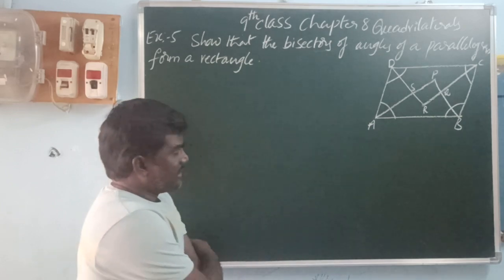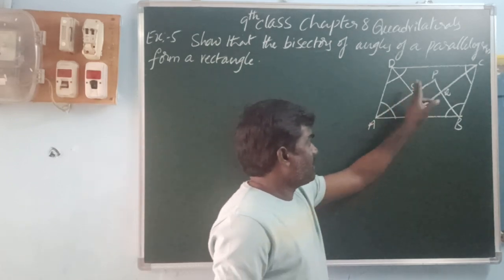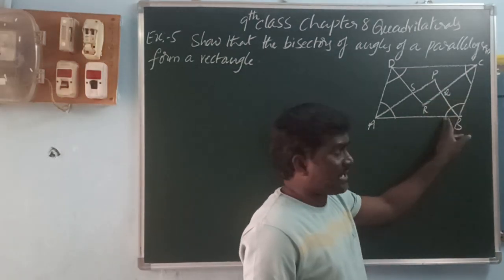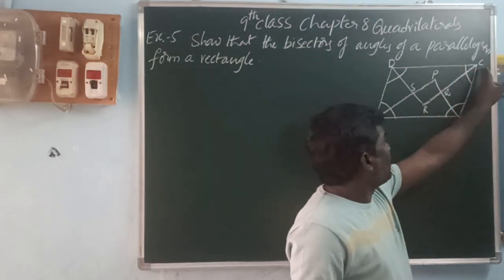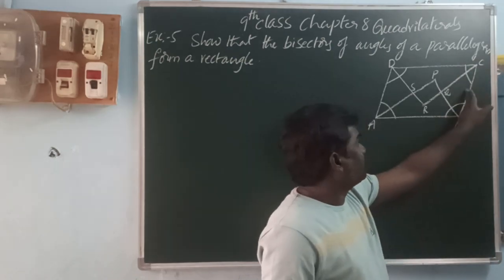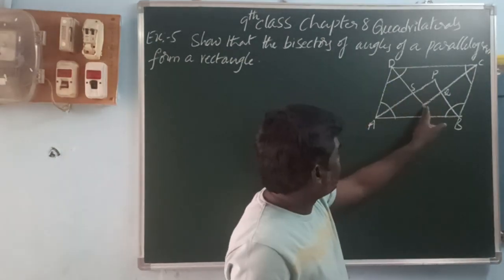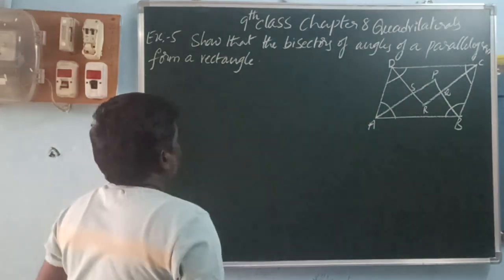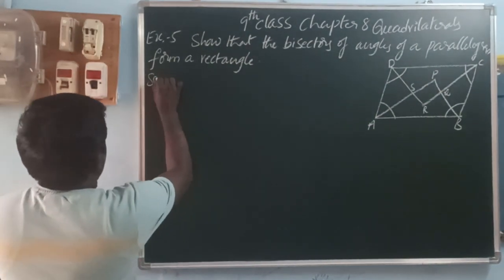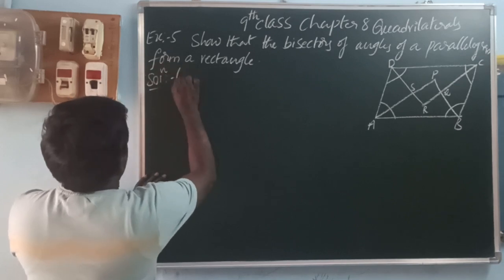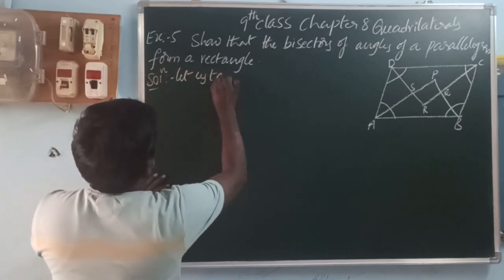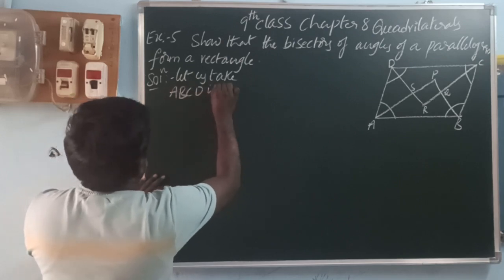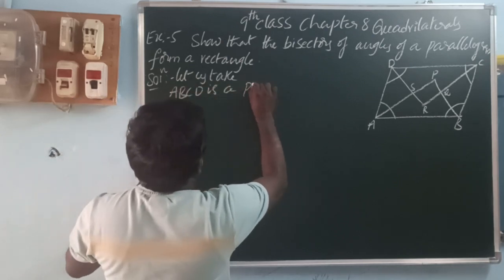Okay. So here AP is a bisector of angle A. BP is a bisector of angle B. Next, CR is a bisector of angle C. DR is a bisector of angle D. Let us take ABCD is a parallelogram.